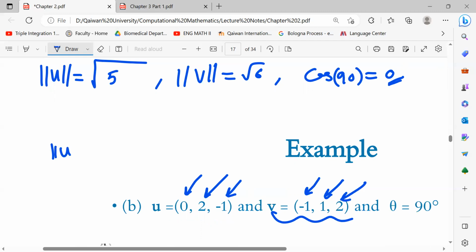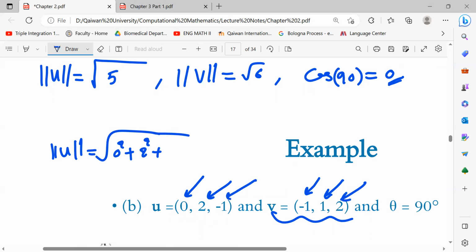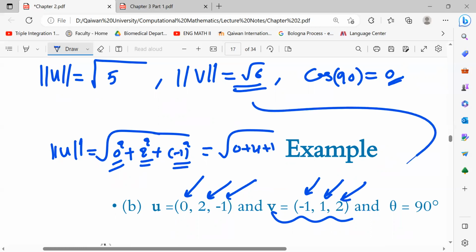We say norm u is square root of 0 squared plus 2 squared plus negative 1 squared. This equals 0 plus 4 plus 1. So you get 5. And this 6 is the same, but it's for v.